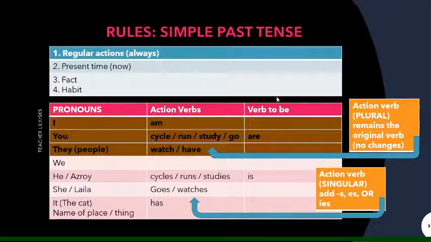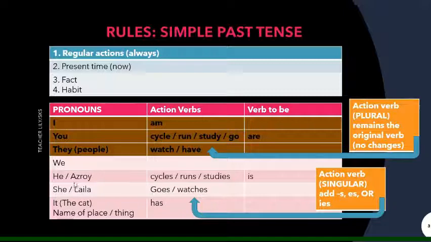And also verb to be: am, are. The action verb here is called plural. It remains the original verb, with no changes in the sentence. I will give you examples later so you will understand more.